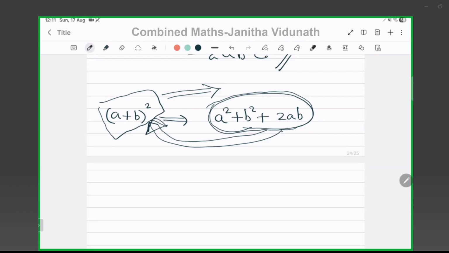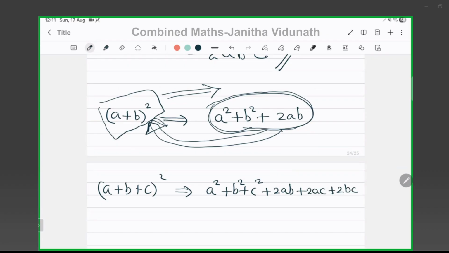Now we need to do the same way for this one also. Now here, if someone gives a plus b plus c whole square, today we were able to write this as a square plus b square plus c square plus 2ab plus 2ac plus 2bc.